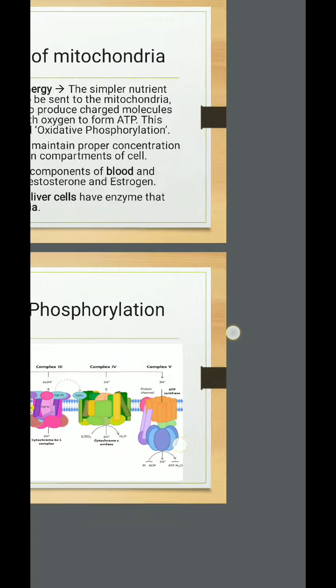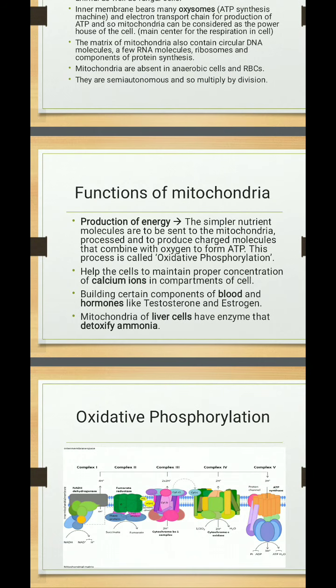So this assembly of 4 complexes with the 5th complex, that is ATPase, is present in the inner mitochondrial membrane, and they do the molecule breakdown process to form the charged molecules.